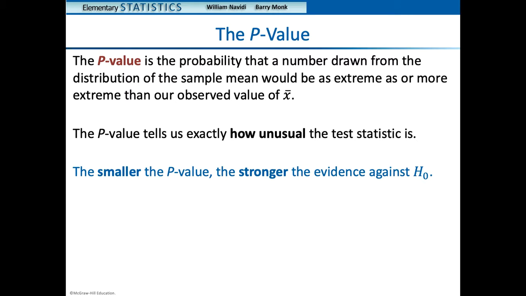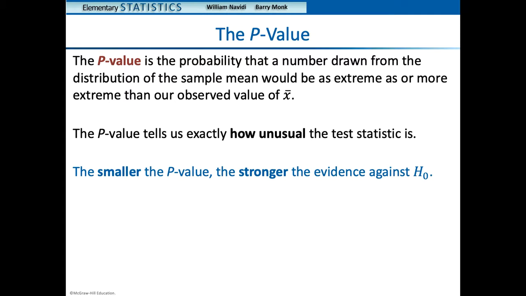So when we are collecting data to conduct a hypothesis test for a mean, this involves collecting a sample from a population, computing a sample mean, and then we use that to find a probability. So basically the p-value tells us exactly how unusual the observed test statistic is.